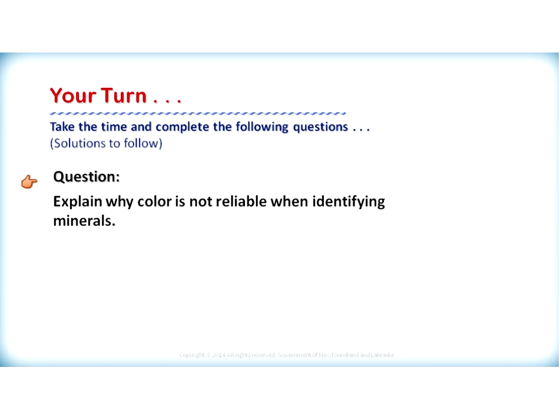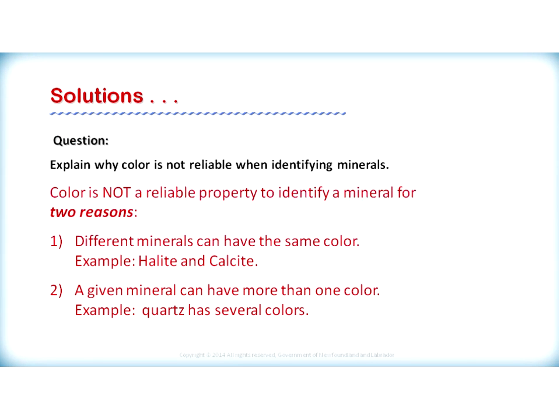Question reads, explain why color is not reliable when identifying minerals. When we look at the solution to this question, color is not reliable to identify minerals for two reasons. Number one, different minerals can be the same color. For example, halite and calcite, if you were to look at both in hand sample, they would look pretty well identical in color.